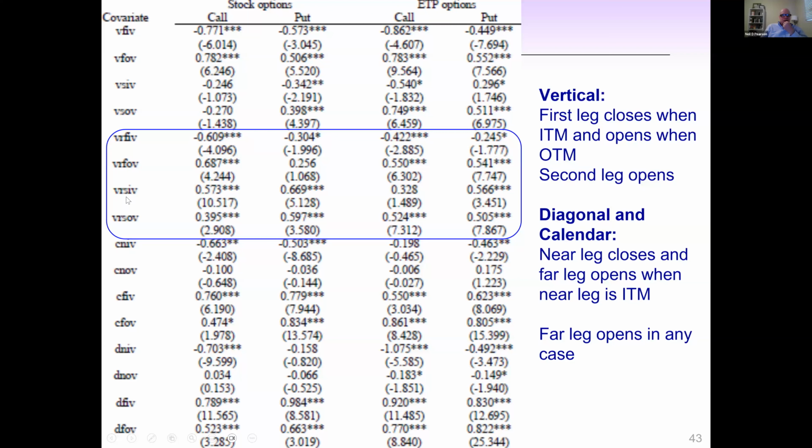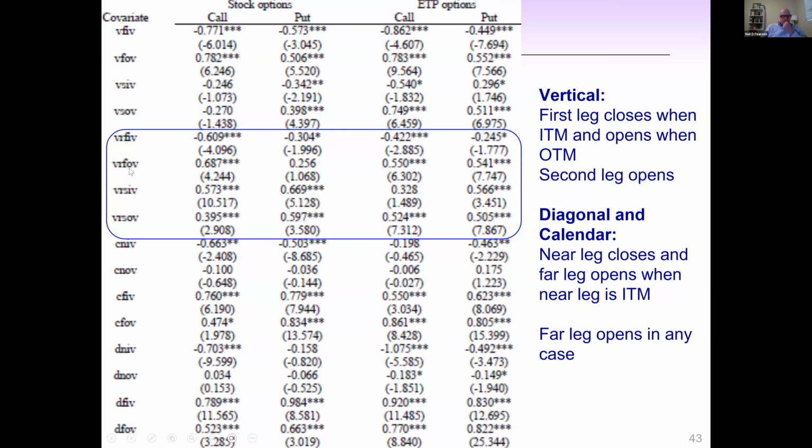Vertical ratio trades, volume in the second leg when the first leg is in the money, are predominantly opening trades. So actually this first row and this third row, we interpret this as their rolling position. This is volume in the first leg when the first leg is in the money. This is volume in the second leg when the first leg is in the money. So these trades, to us, we think this is compelling evidence that most of these trades are rolling positions.